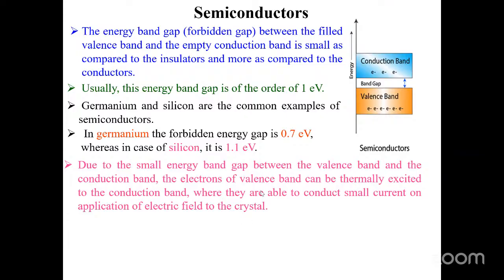Due to the small energy band gap between the valence band and the conduction band, the electrons of the valence band can be thermally excited to the conduction band, where they are able to conduct a small current on application of an electric field.